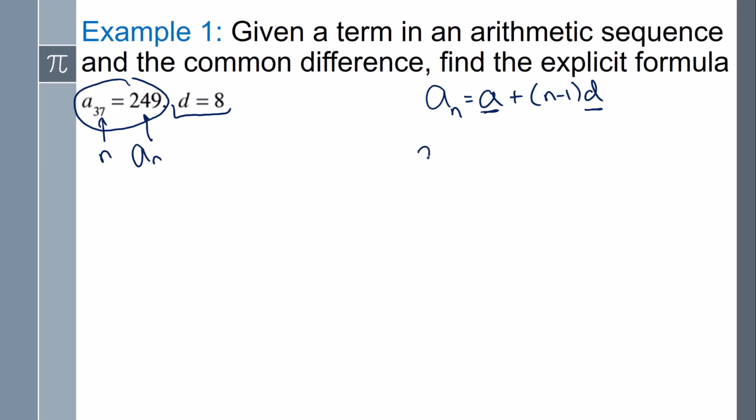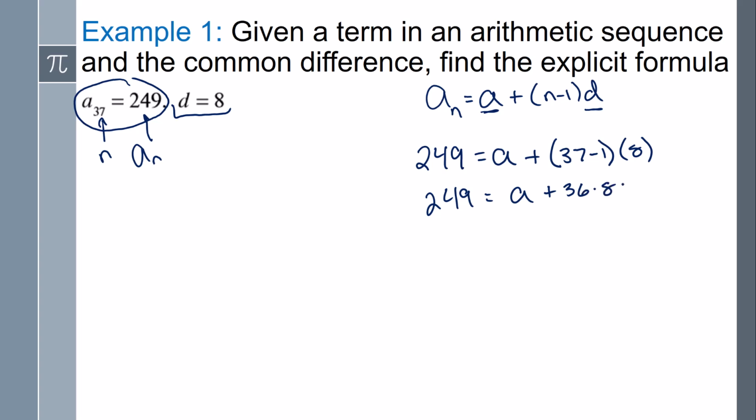So I can say 249 equals my first term plus 37 minus 1 times my common difference. So that's going to be 249 equals a plus 36 times 8. And so now you would enter that into your calculator.